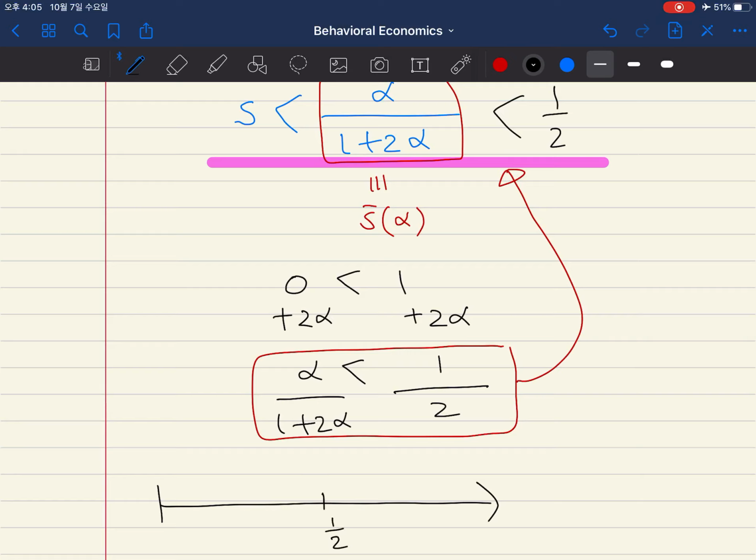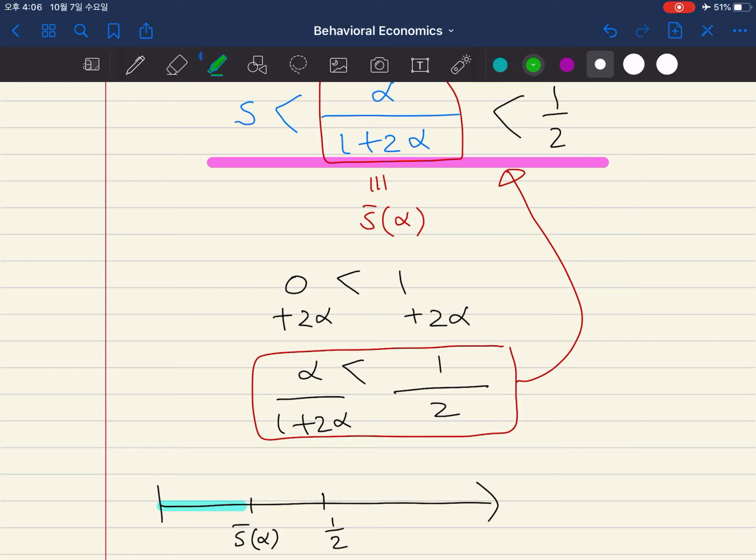Here is the number half, and here is some number called S upper bar, which is a function of alpha. This inequality means if S is in this blue range, then responder is going to reject the offer.